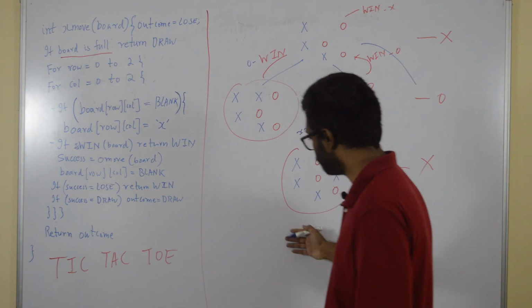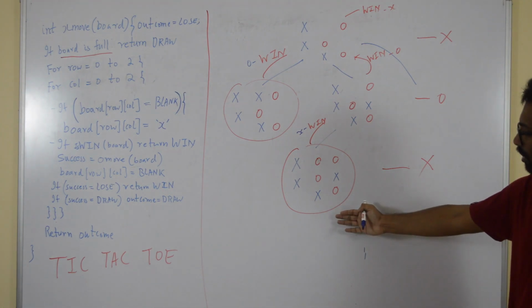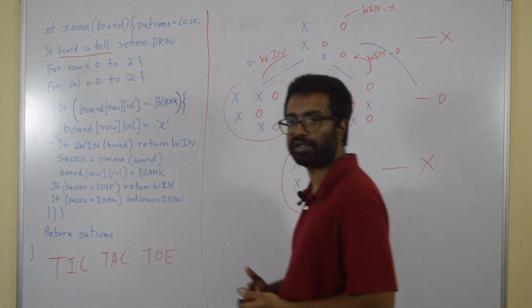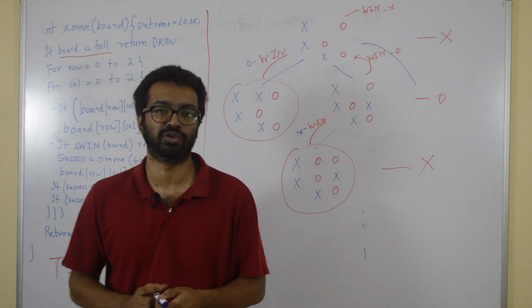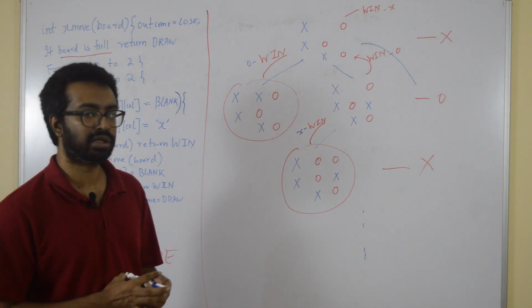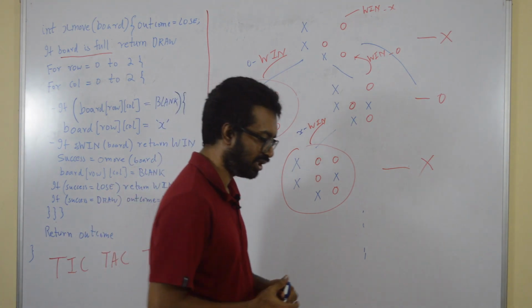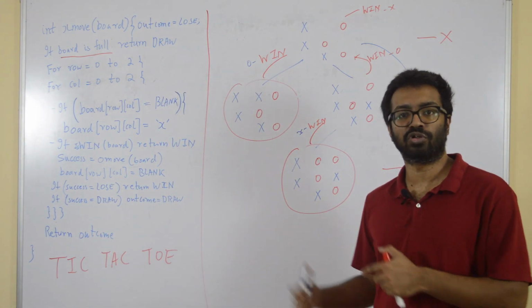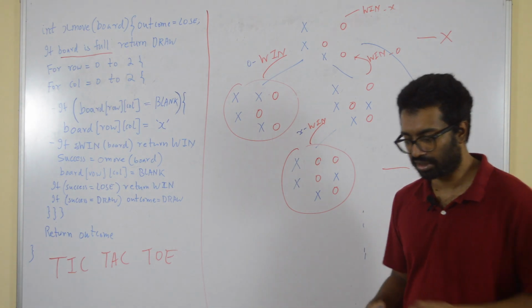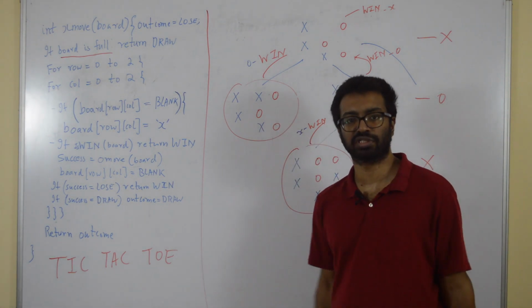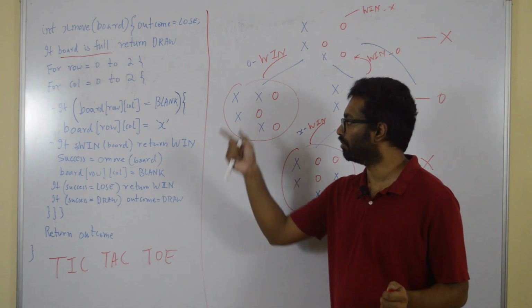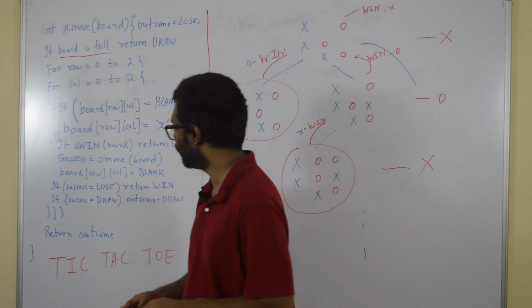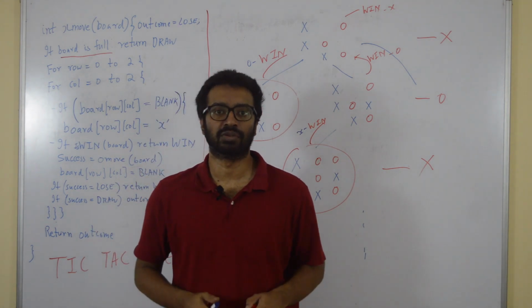Because if there are more moves to play, then the next move will be played by O, and further down it will be played by X, and it will keep on going. So you can take a board position like this and try to work out what will happen. You can try to draw a tree, starting with the board position and going through this board. Okay, and that's good. Thank you.